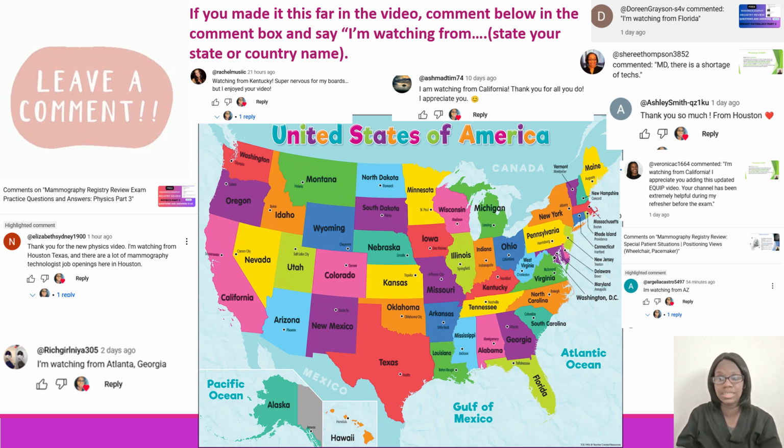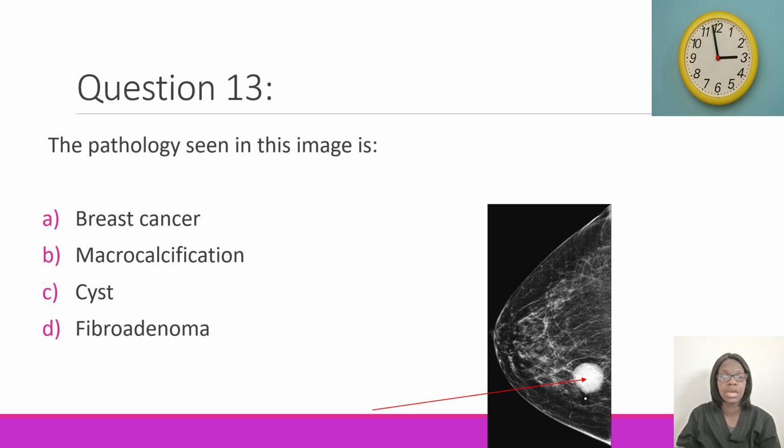Okay, back to the questions. Question 13. The pathology seen in this image is, so which pathology is the red arrow pointing to? Is it a breast cancer, macrocalcification, a cyst, or fibroadenoma?